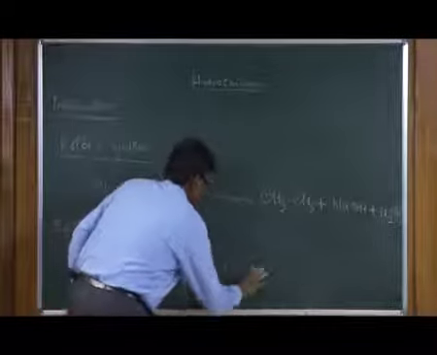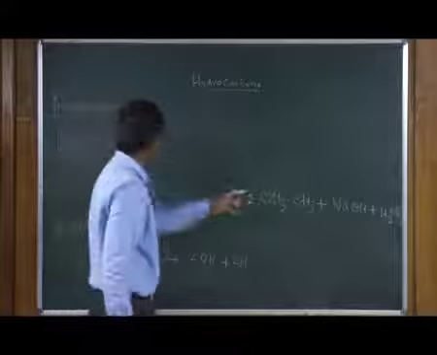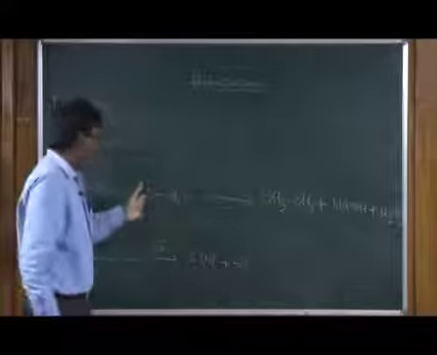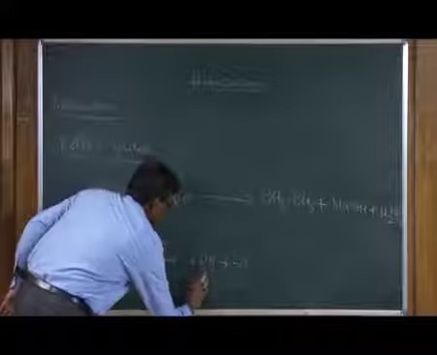The 2 OH minus can combine with the 2 sodium plus that you already have from the anode side, and they react together.